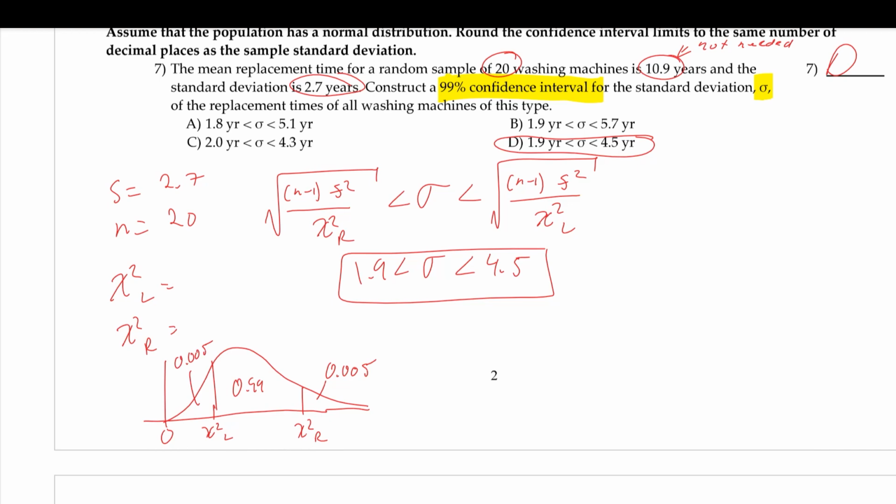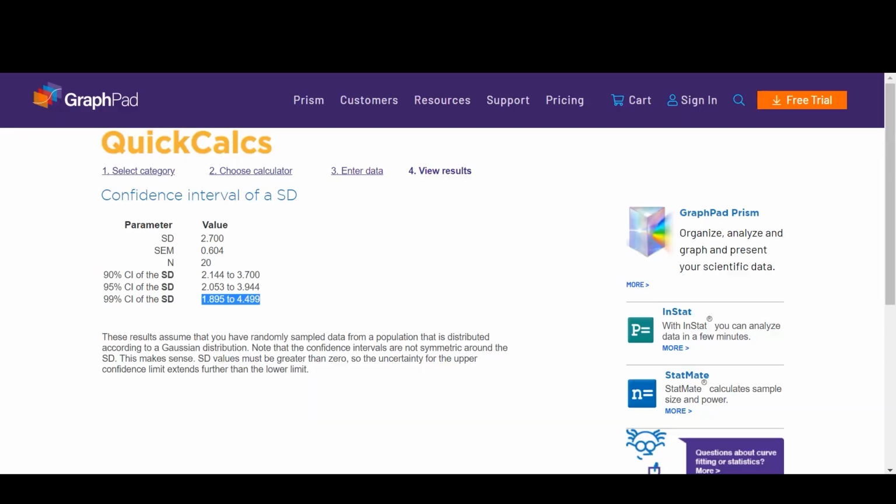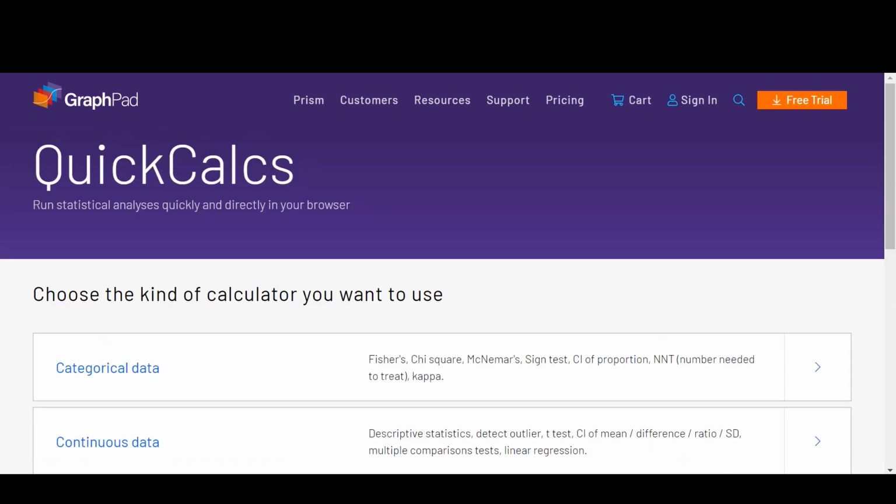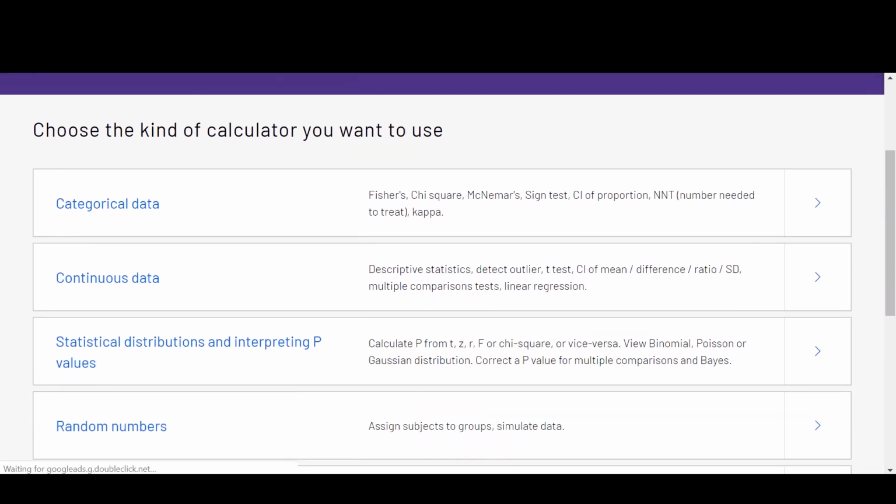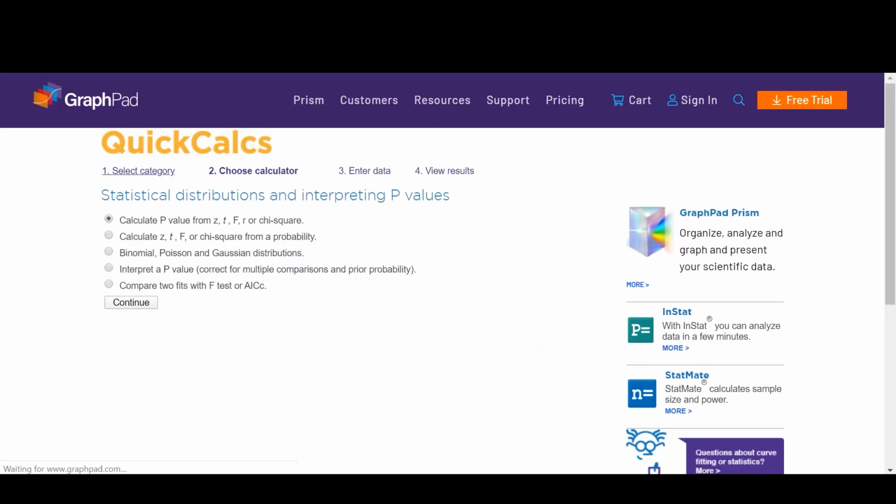In order to come up with these two critical values, we have to use that calculator on GraphPad. So let's go to that. Now we're back at this calculator. I'm going to go to where it says choose a category, and I'm going to calculate a chi-squared, the third option. It will be the second option on the calculator: calculate a z, t, F, or chi-squared from a probability.